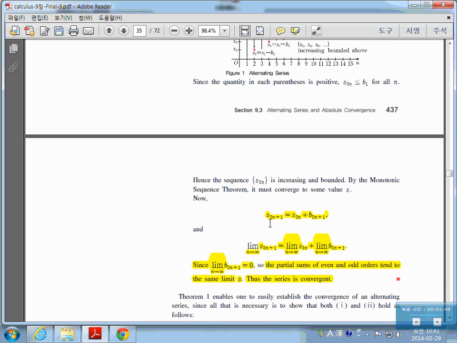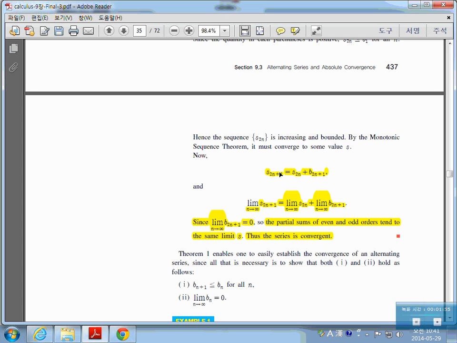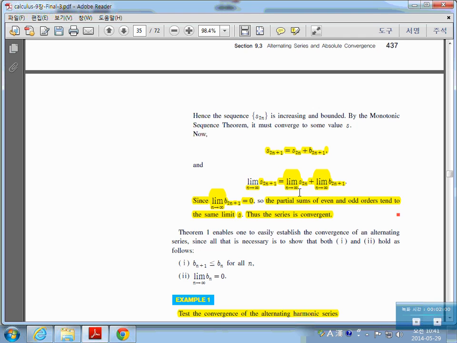S_2n+1 can be written as S_2n plus b_2n+1. Here, the limit of S_2n+1 can be written as this one and that one. In this case, from the given condition, we know the limit of b_2n+1 goes to 0 by the second condition. So we have this.